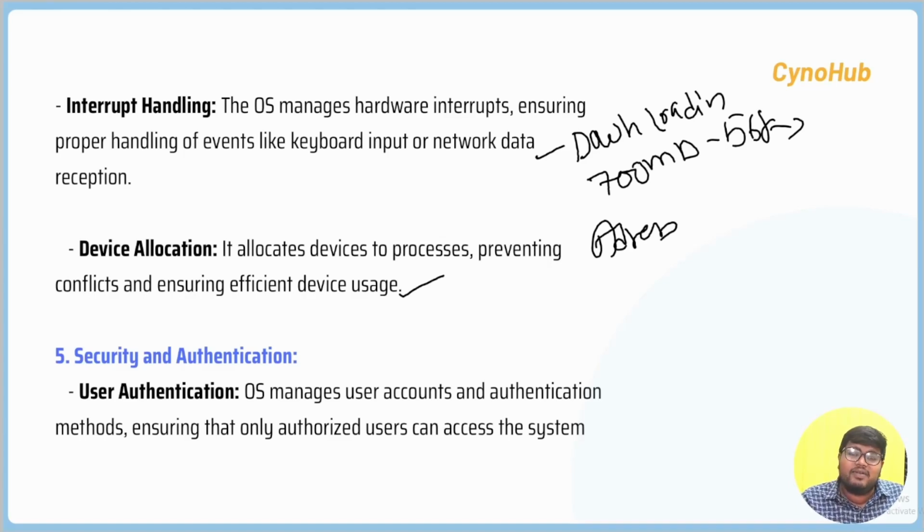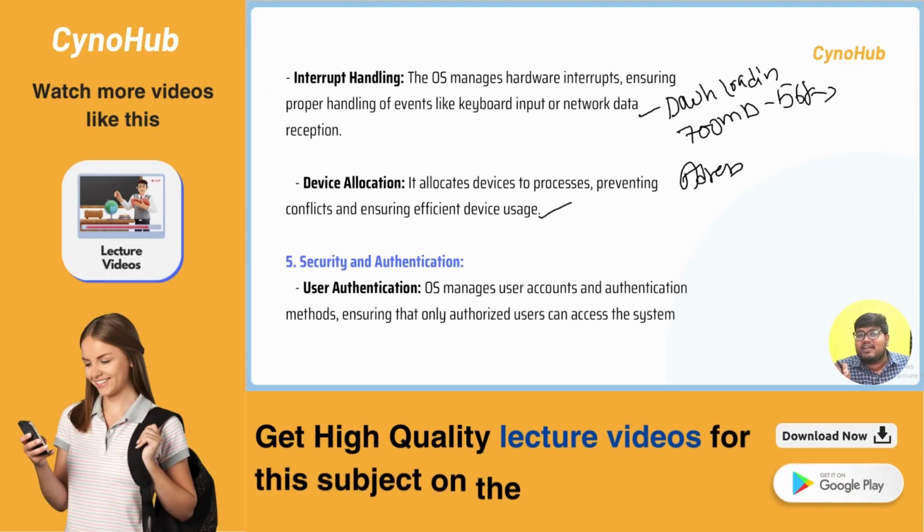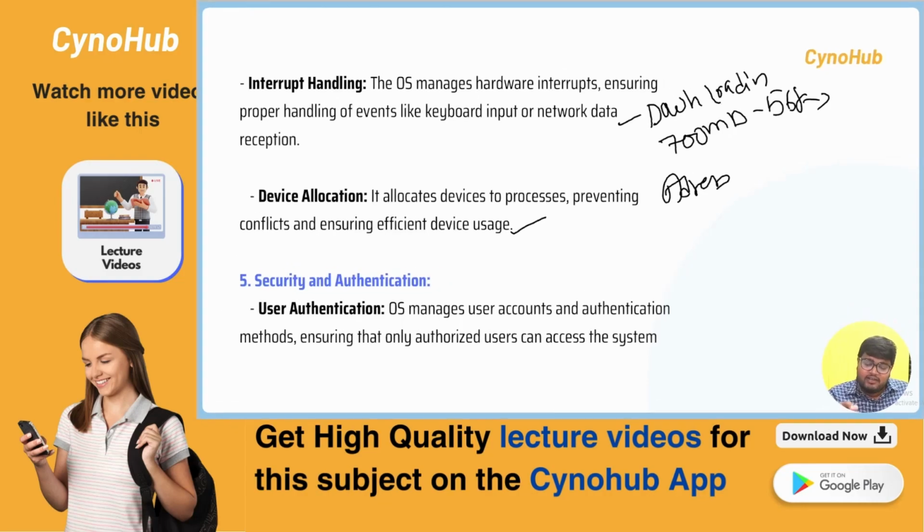So allocation means it is allocated in a device for a particular purpose. Let us take a printer: if you want to print a document, it is allocated to the printer device and activated there, and then you can take the printout. If it is not activated, you can't take the printout. So device allocation and deallocation is also a functionality of the operating system.